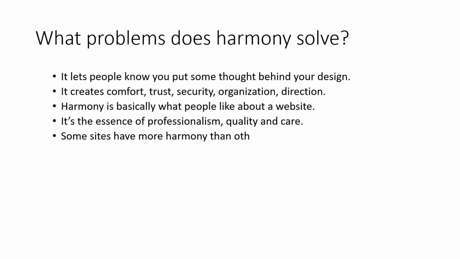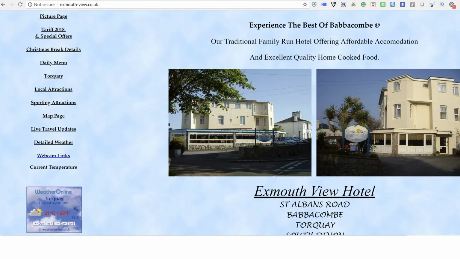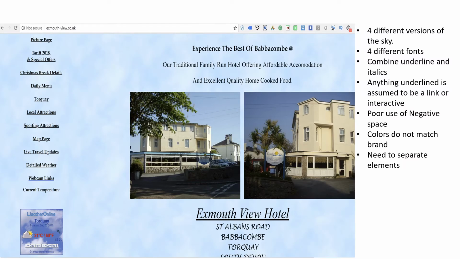Some sites have more harmony than others, and let's take a look at one that does not have very good harmony. This is the Exmouth View Hotel, which I think is in Babbacombe. You can see a lot of things are pulling this website in different directions. One of the things you have is 4 different versions of the sky.